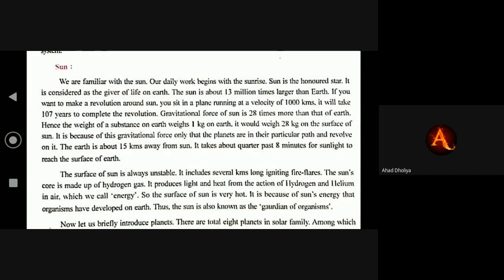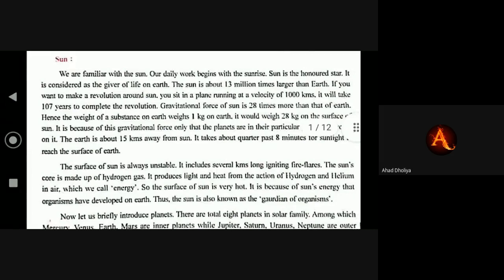The sun is an honored star. It is considered the giver of life on the earth. The sun is about 13 million times larger than the earth. How many million times? 13 million times larger than the earth. Just think, how small the earth is and how big the sun is.